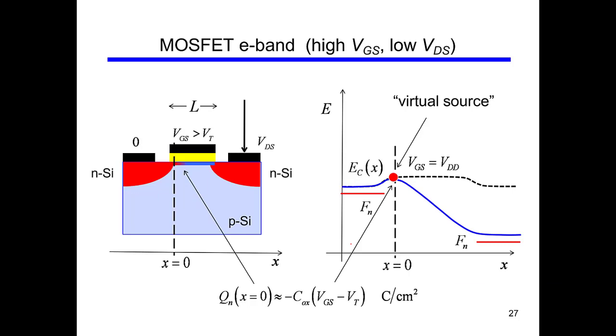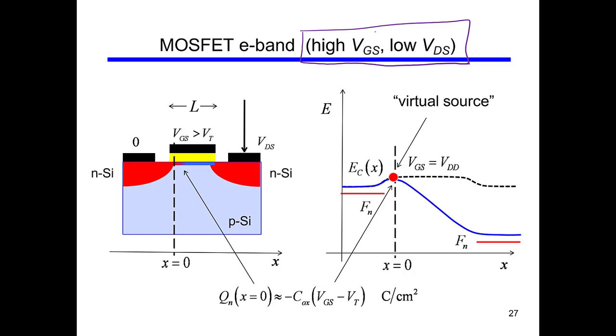Now the saturation region is characterized by this property of VDS and VGS, that we have a high VGS and a low VDS.